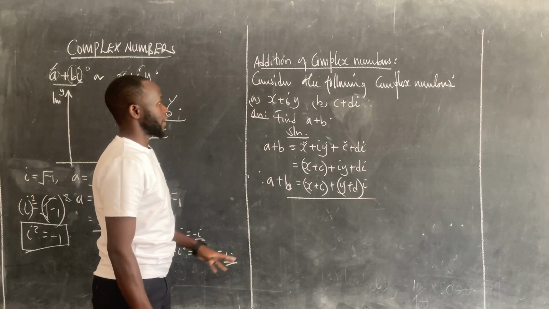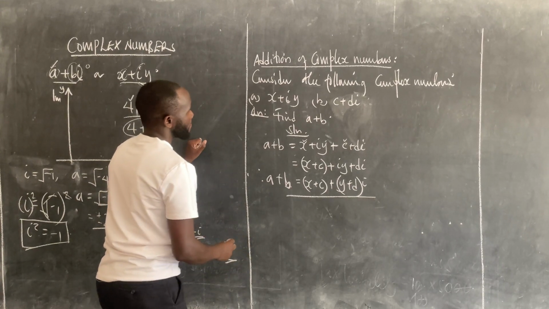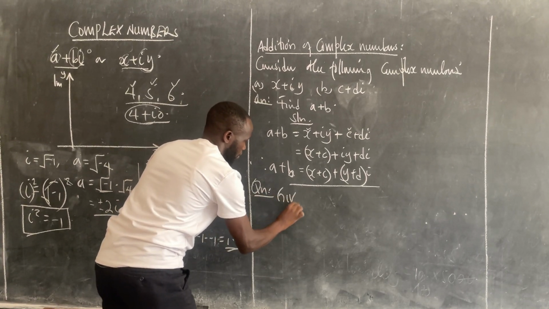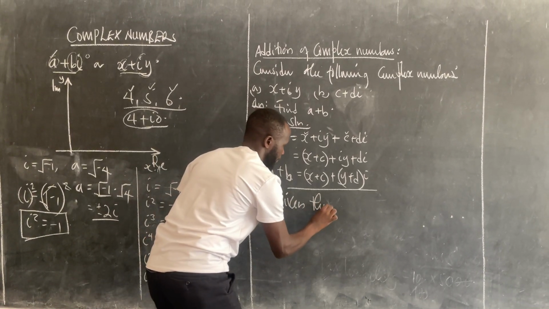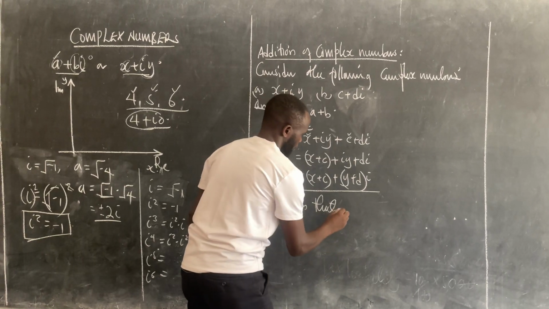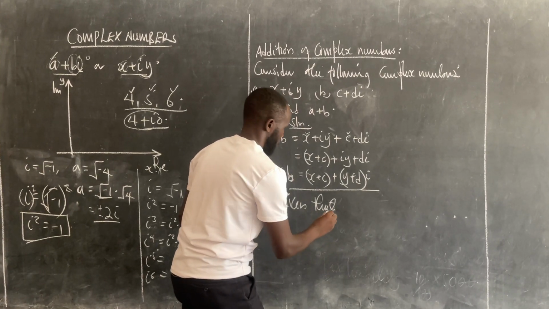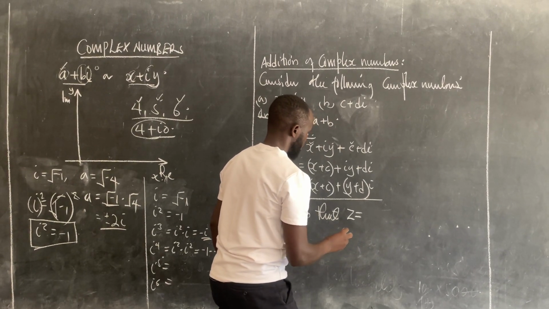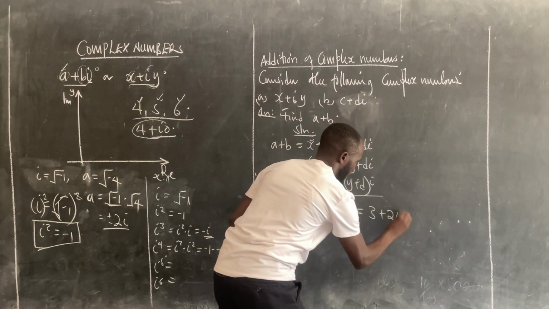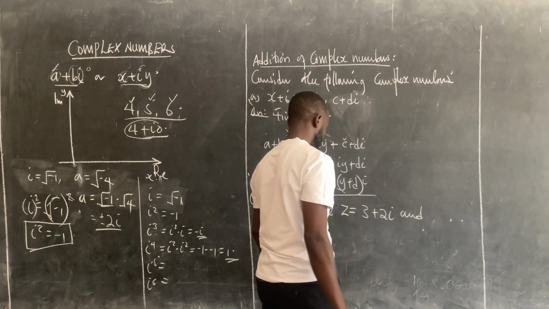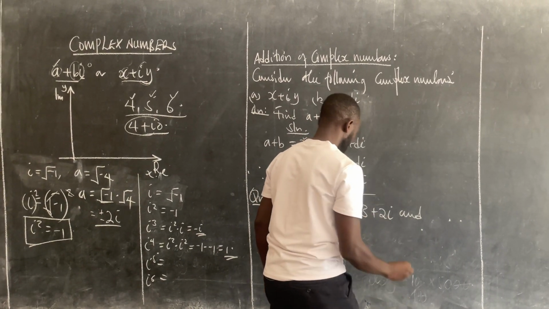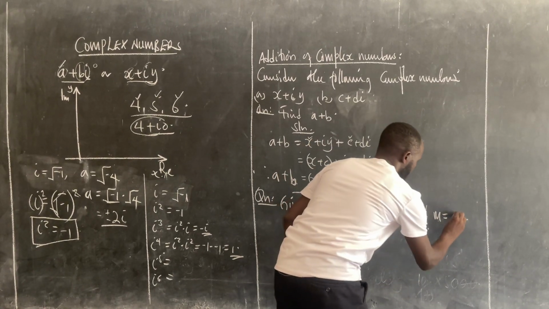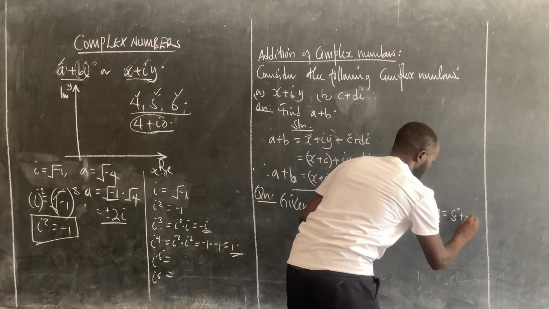If you have a practical example, this is a practical question. Given that z equals 3 plus 2i and m equals 5 plus i.